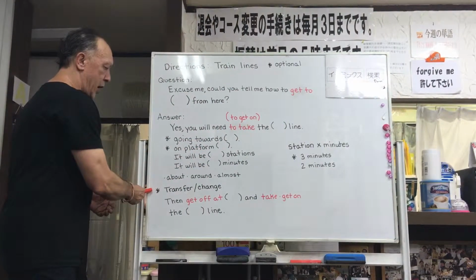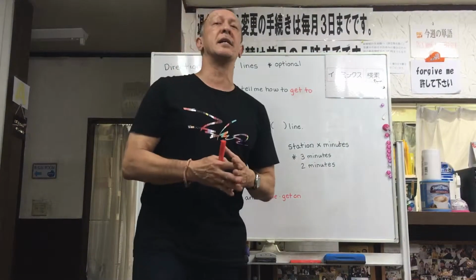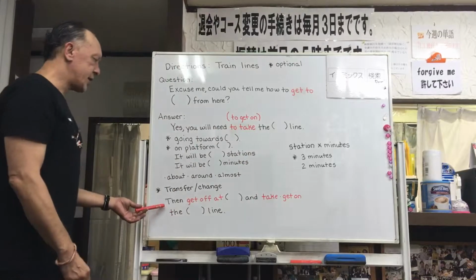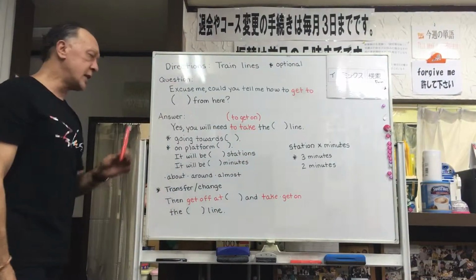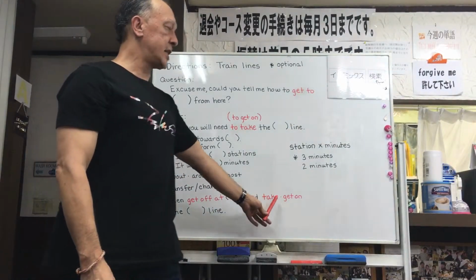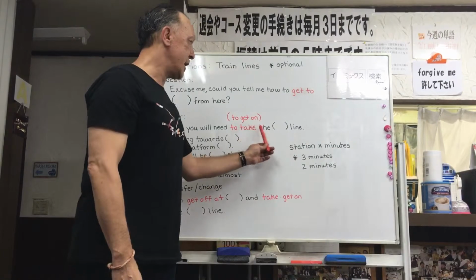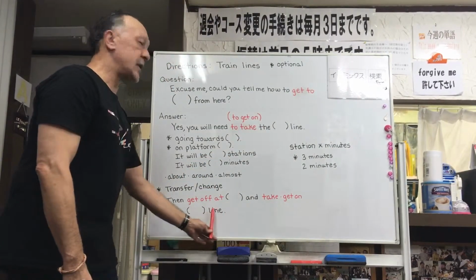Here on the second part is a transfer or change to another line. Here we can see this sentence, "Then get off at Nandaka and take," or again, "get on the Nandaka line."